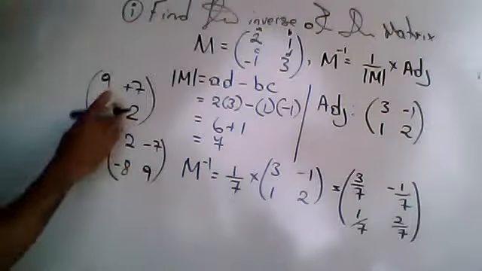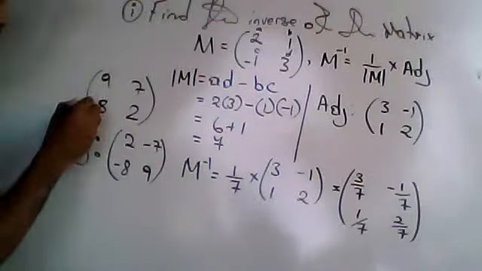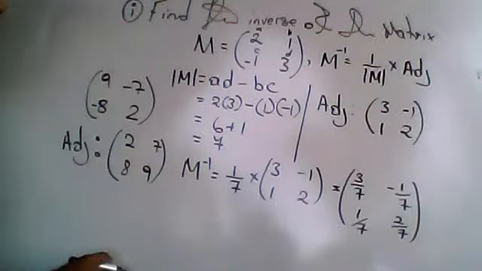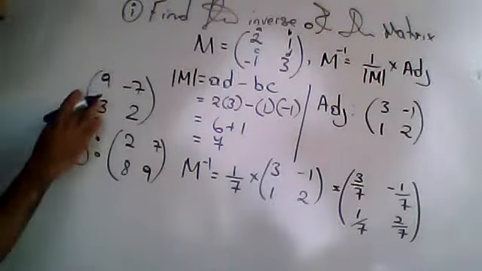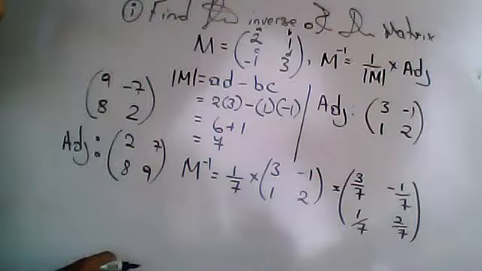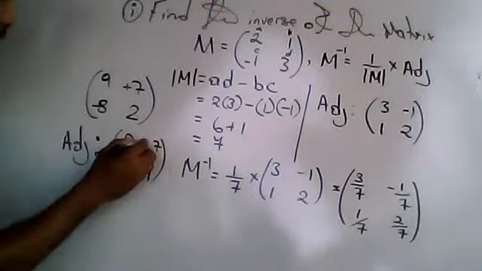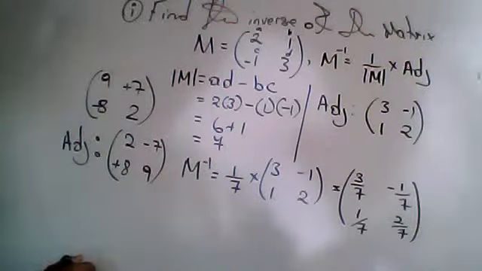If both of them are negative, both of them are going to be positive in the adjoint. What if we had a -7 and a +8? What I would have in the adjoint is a +7 and a -8. Understand? Because I'm just changing the signs. If the 7 was positive and the 8 was negative, what I would have in the adjoint is a -7 and a +8. So basically what I'm doing is just changing the signs.